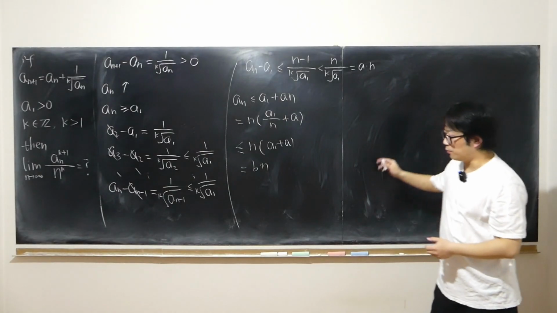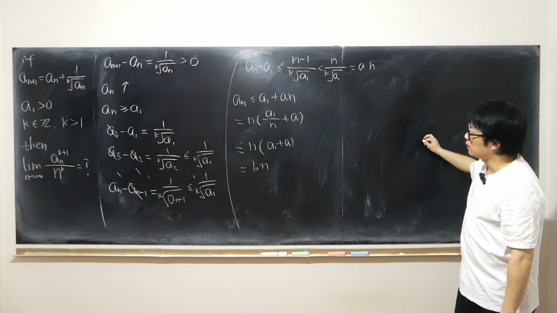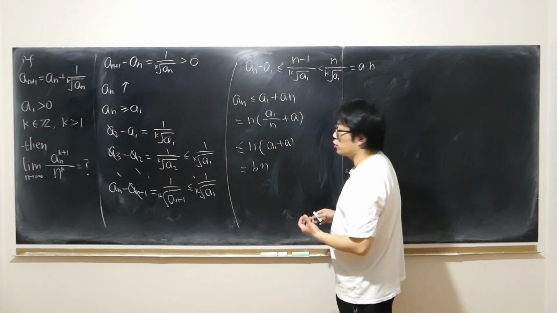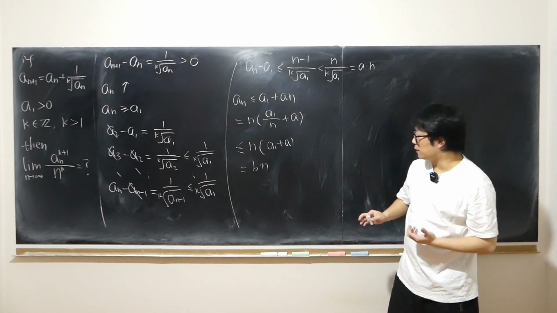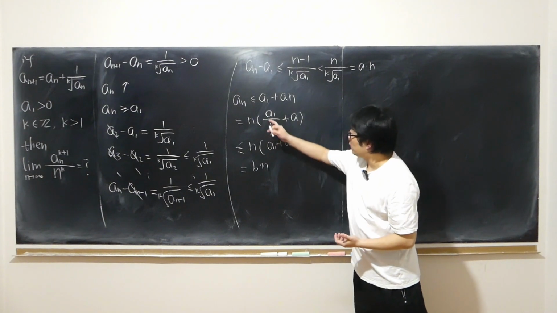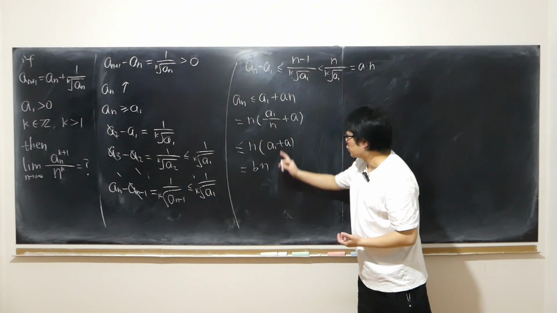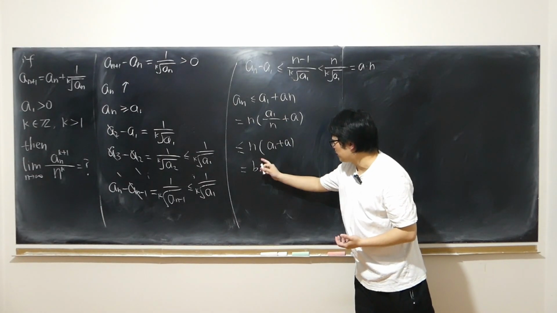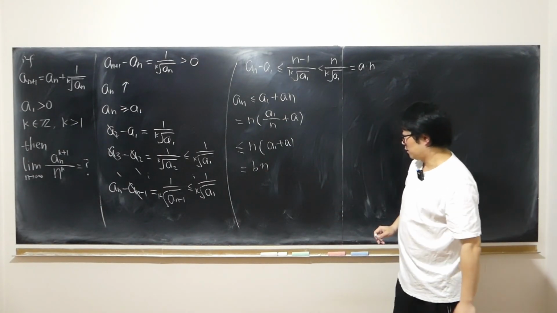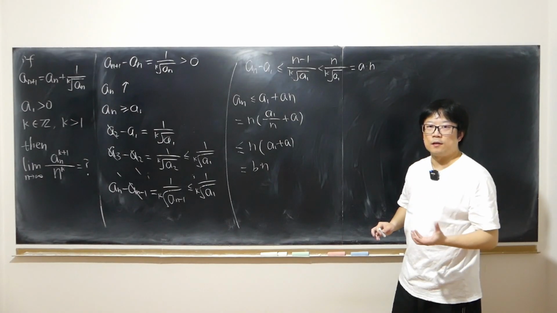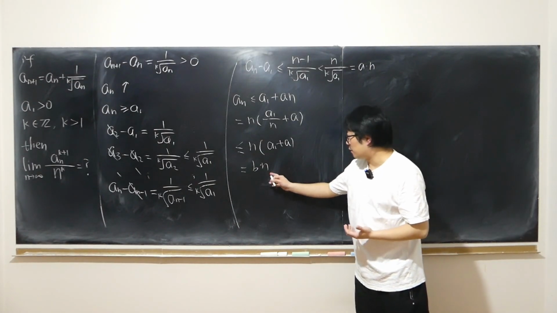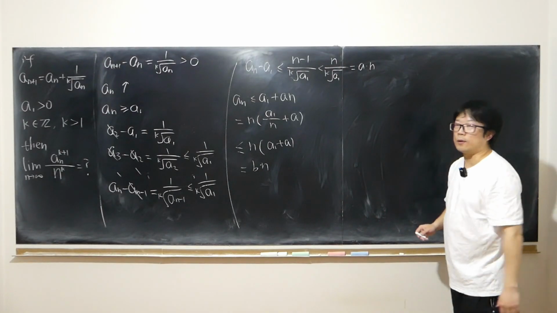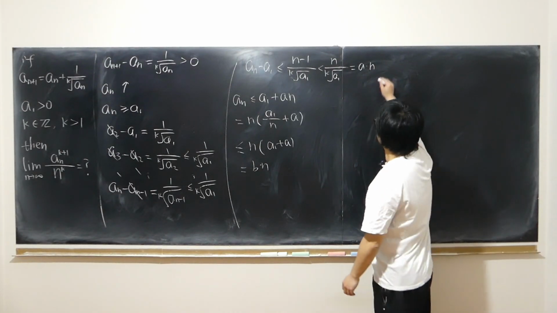B is some positive constant. So meaning, if we can somehow show that a_n tends towards infinity, still a_n is not tending toward infinity too quickly, because it's less than or equal to some positive constant times n. It cannot tend toward infinity at a greater speed than n, such as n squared or n to the power 3, something like that.